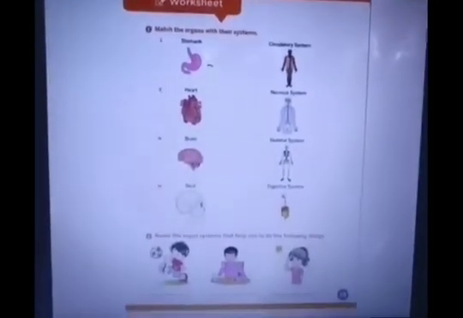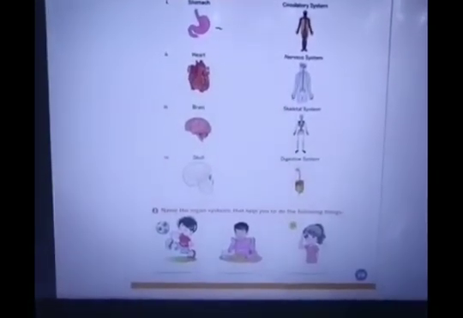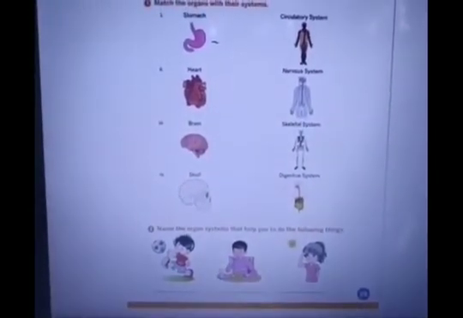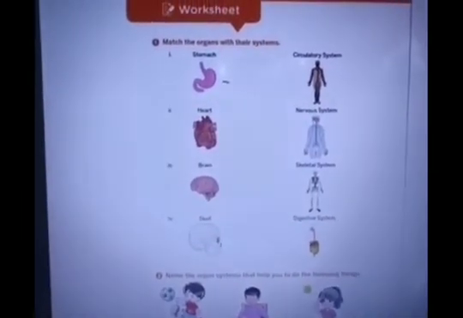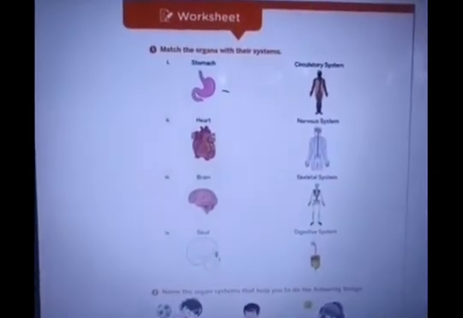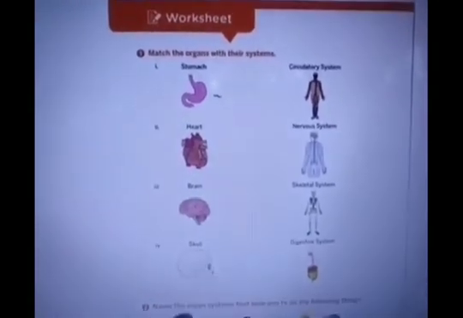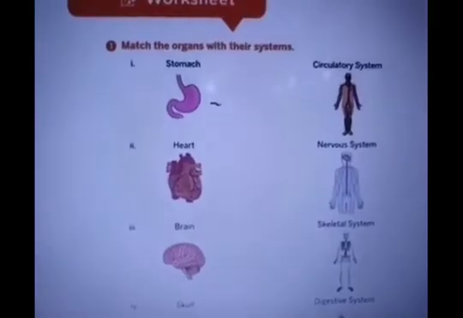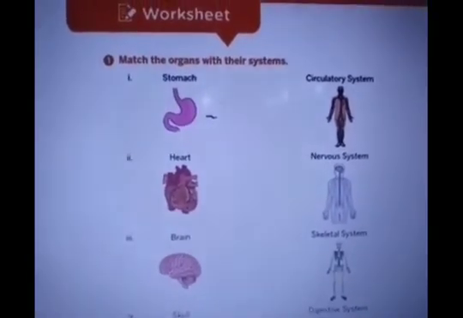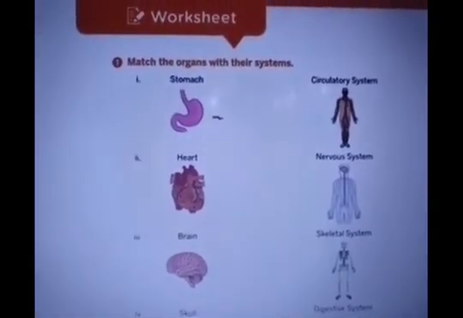Now let's discuss the worksheet which is given on your page number 29. I have also given this as homework. Okay, let's discuss this worksheet. Question number 1. Match the organs with their systems.